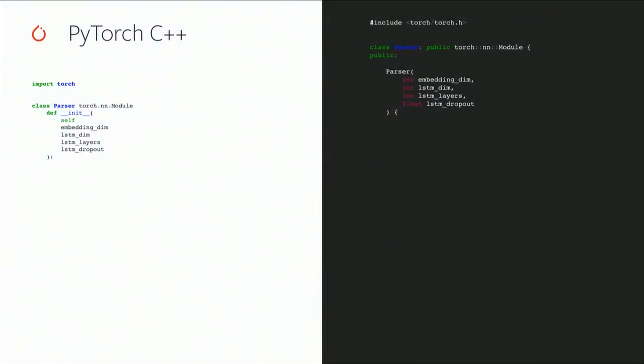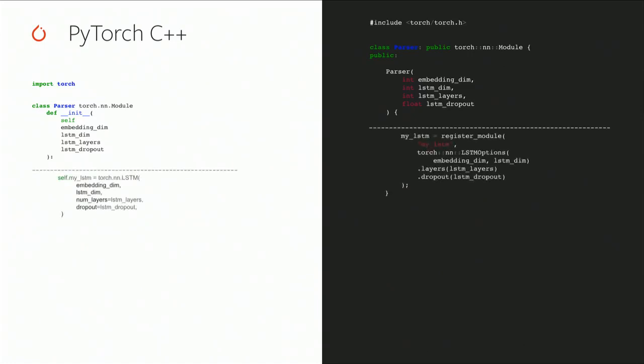It might not be very convenient to rewrite a model in C++, but if you look at the interface, you will find it's very, very similar. You have the same way of initializing a model, and you can register your model or add new layers into it very easily.